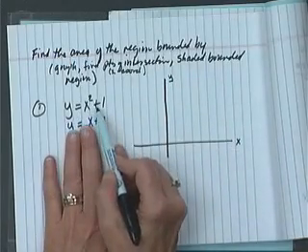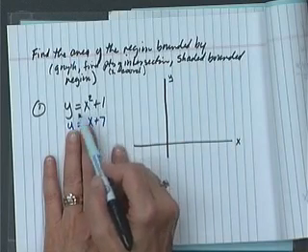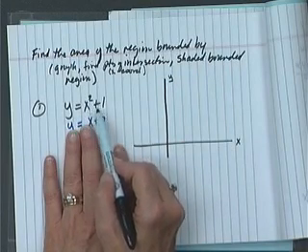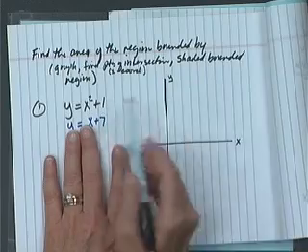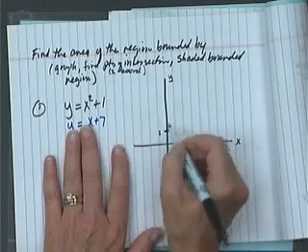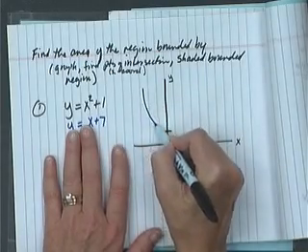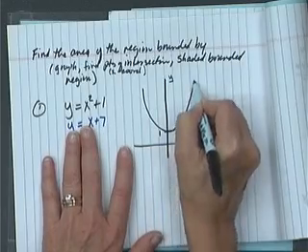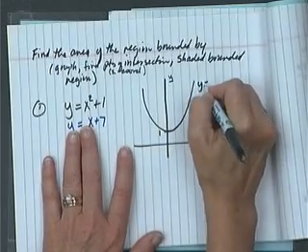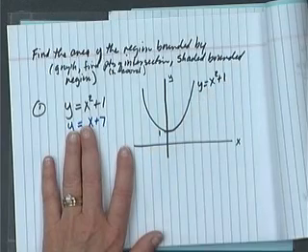As soon as you saw y equals x squared plus 1, what's that the graph of, everybody? Parabola. It's been shifted up 1. So you're just getting a feel for what it looks like. That's y equals x squared plus 1. Doesn't have to be a perfect graph.